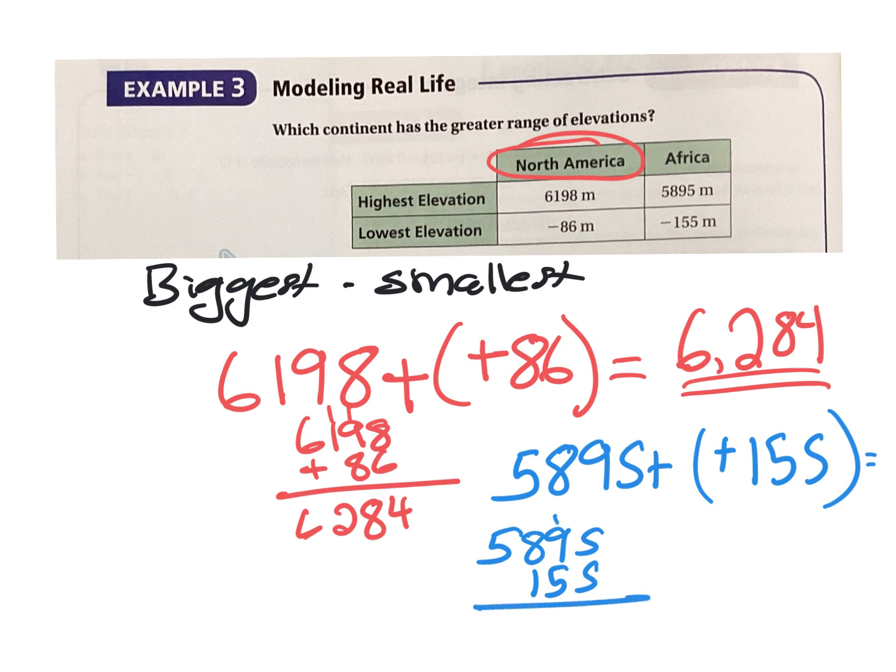When I do that, it gets me 6,050, which is the range of Africa. So, which one has a greater range? I would have to say that North America has the greater range.